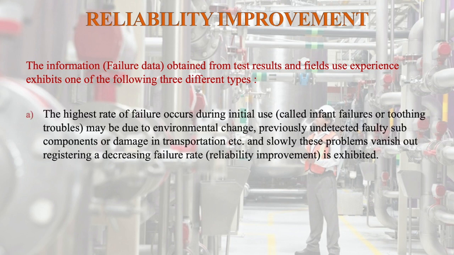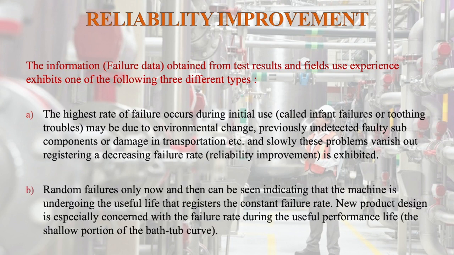A. The highest rate of failure occurs during initial use, called infant failure or teething troubles, which may be due to environmental changes, previously undetected faulty subcomponents or damage in transportation, etc. And slowly these problems vanish, registering a decreasing failure rate.